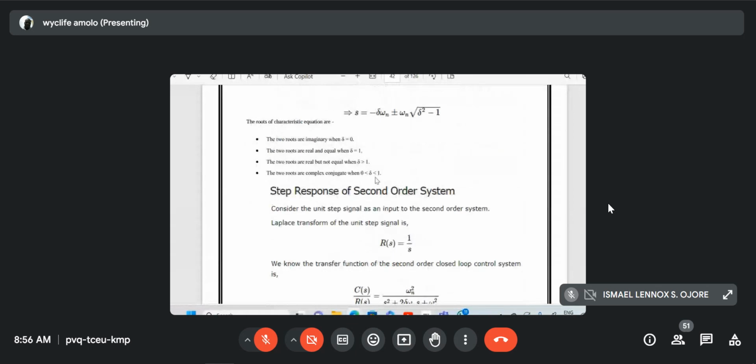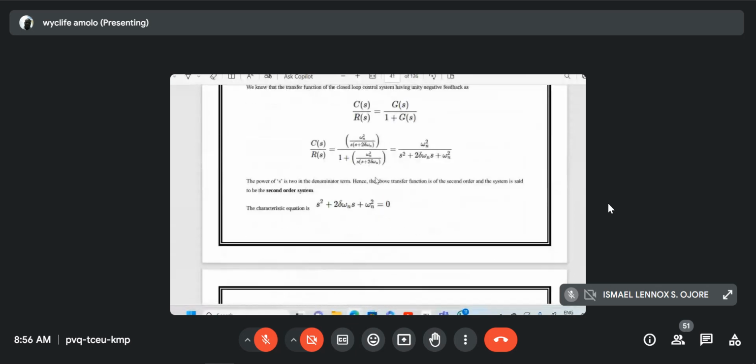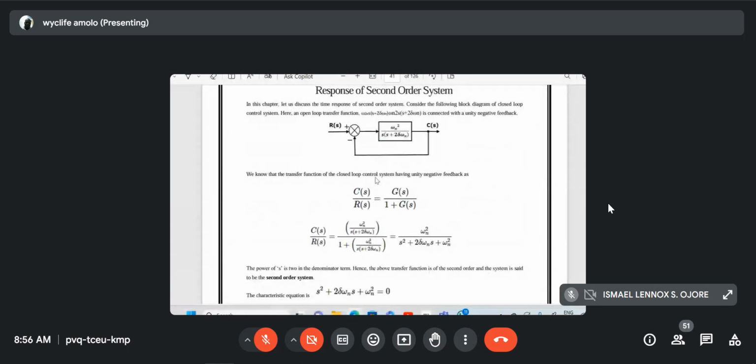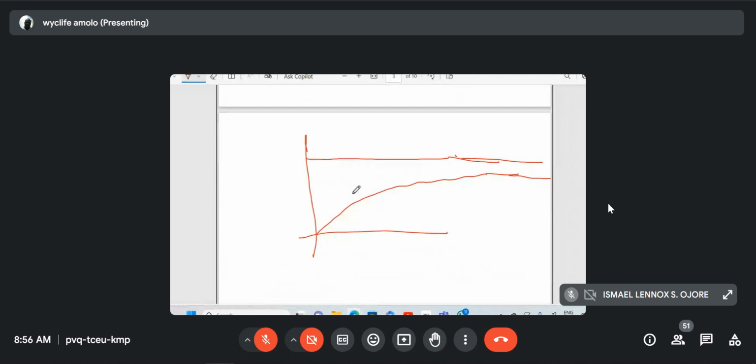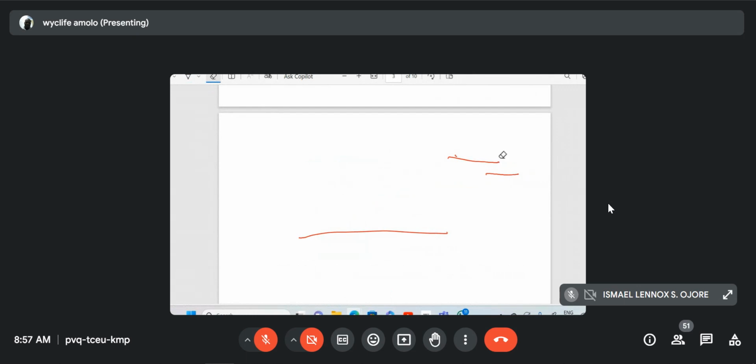I want you to try the step response and use tables, mathematical tables. Use mathematical tables on second order system.